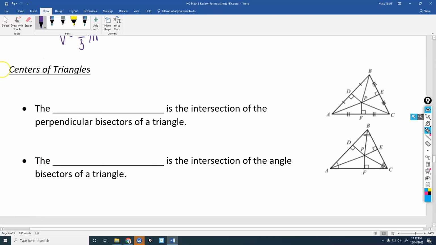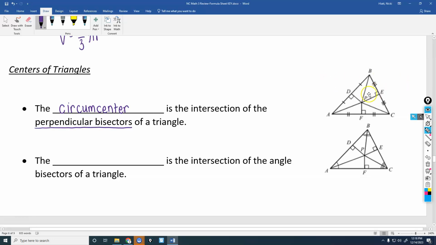Okay, so centers of triangles are the next thing that we've got. The circumcenter is the intersection of the perpendicular bisectors.